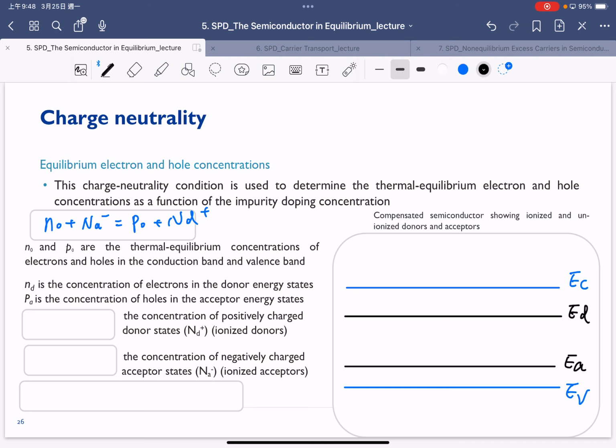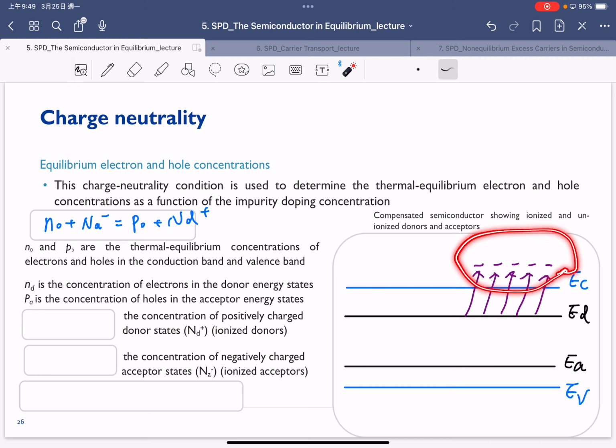Therefore, part of this can be ionized and become electrons. Since some of the electrons jump to the conduction band, some of the positive charge will be left here. And this is what we call the ionized donors.